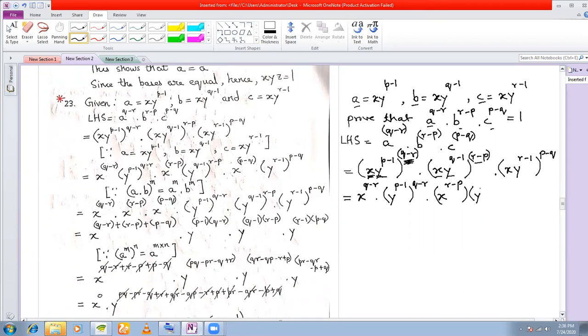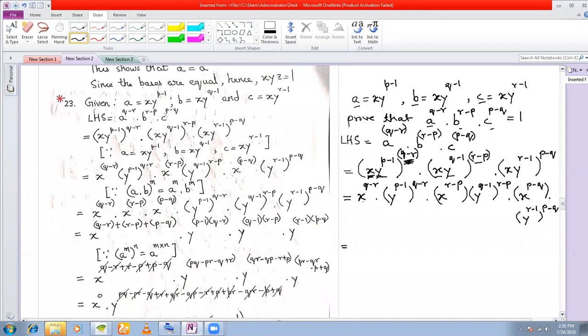into y to the power of q minus 1 to the power of r minus p into x to the power of p minus q into y to the power of r minus 1 whole to the power of p minus q.